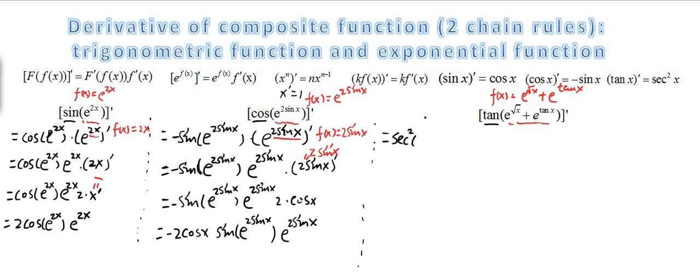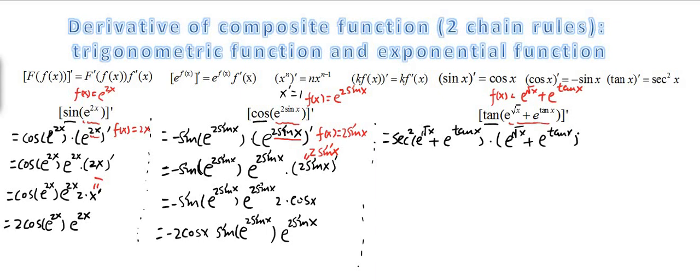Okay, f(x) is e to the power square root of x plus e to the power tangent x, times the derivative of f(x), that is here. Just copy it, and now we can simplify it.